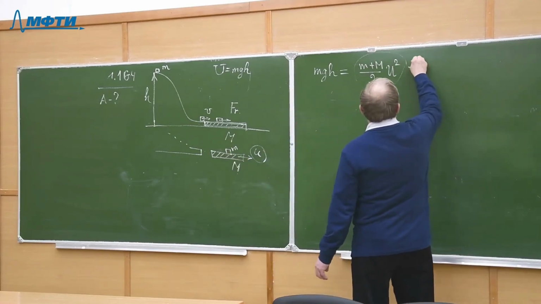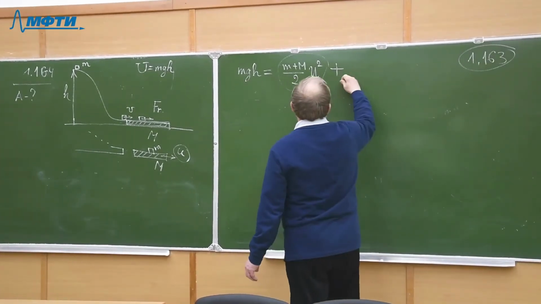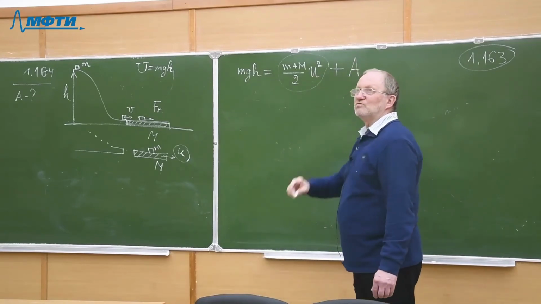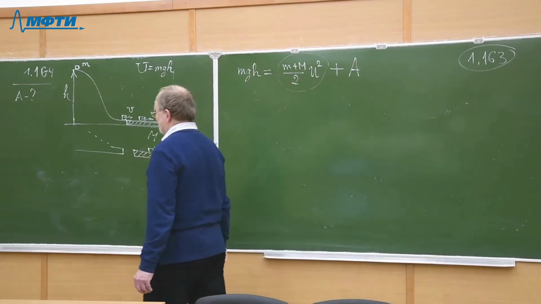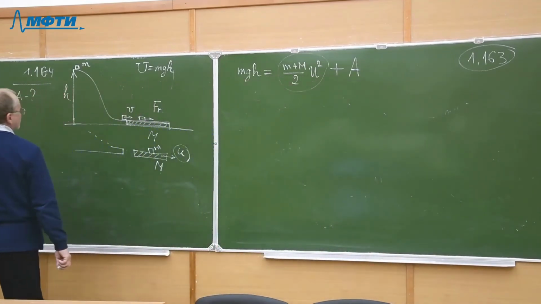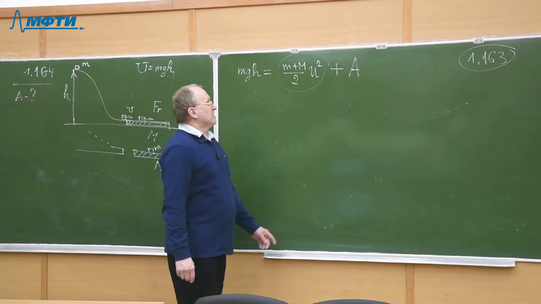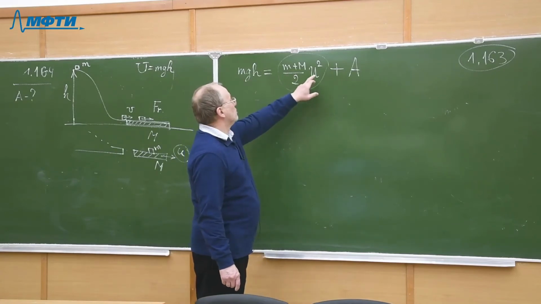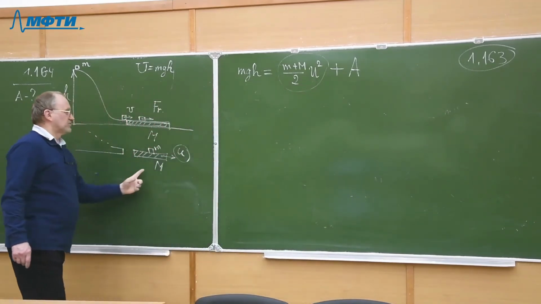And also a part of this initial potential energy will be spent on work A against forces of friction. It's not difficult to find A from this equation, but for this purpose we must know the final velocity u of this system.